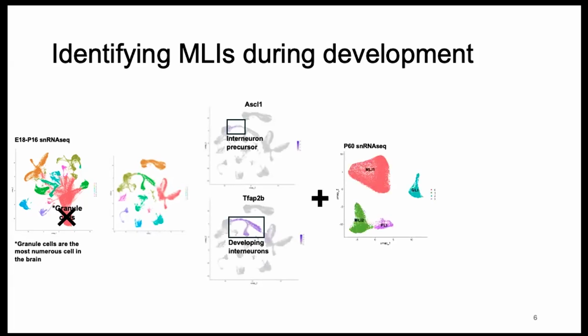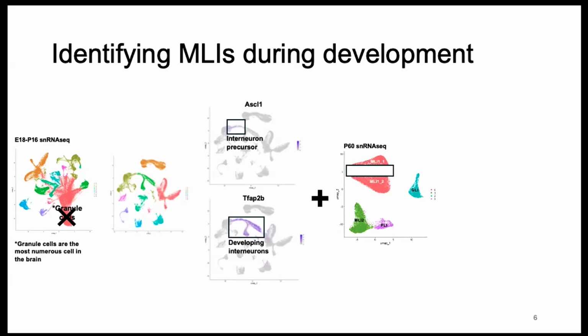But to find the markers of each of the actual interneuron subtypes, we'd have to use the adult set because that's where the markers are most confident. So then what I did was I combined the P60 adult data set to the developing data set. And I should also note that this data set has MLI1, so molecular layer 1, 2, then granule layer interneuron, and then Purkinje layer interneuron.